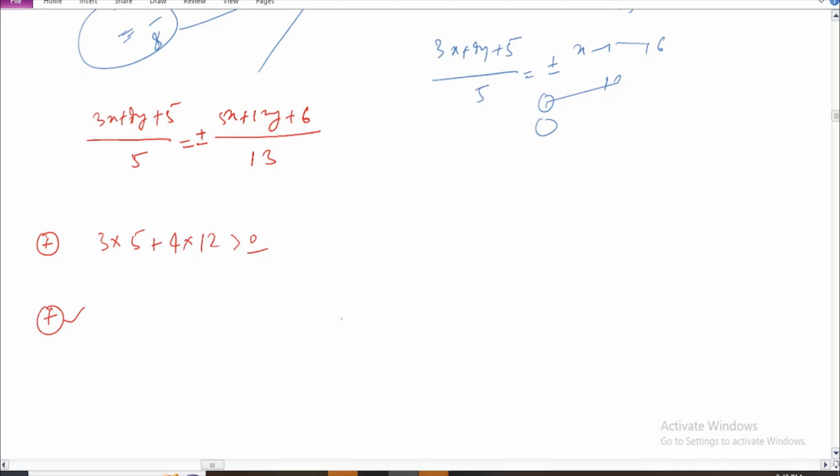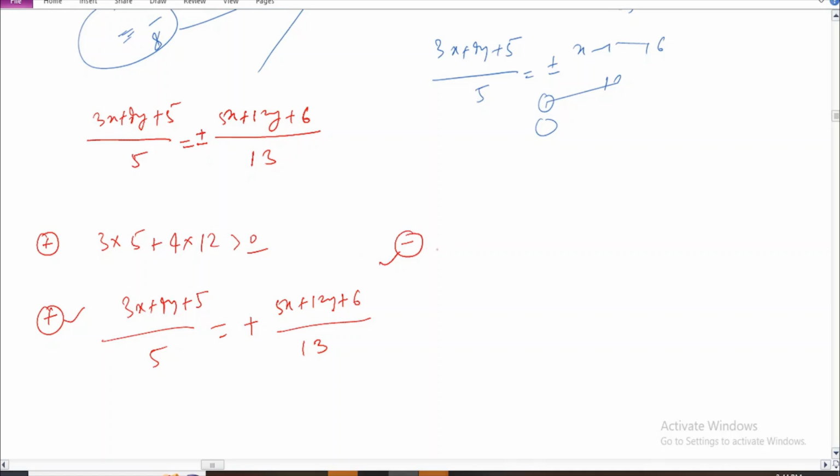So how will we find out? Just use the positive sign and cross multiplication. You will get your obtuse angle bisector. The obtuse angle bisector is the line bisecting the obtuse angle, right? And what is the equation of the acute bisector?